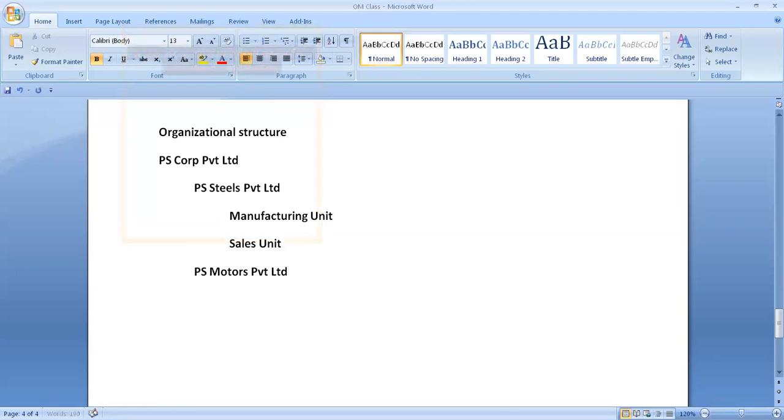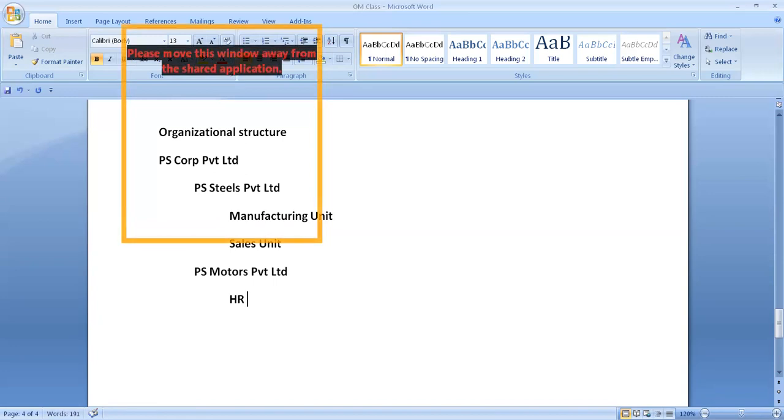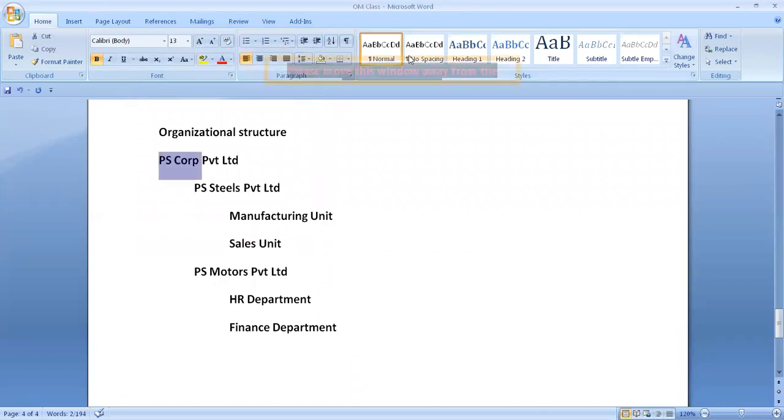And under Motors, for example, you may have an HR department and a finance department. So we are maintaining one kind of structure. It is nothing but a type of structure.